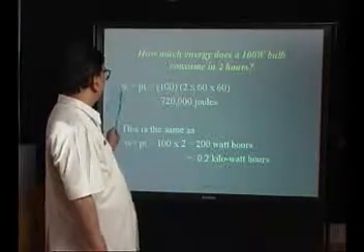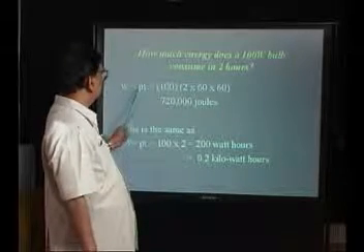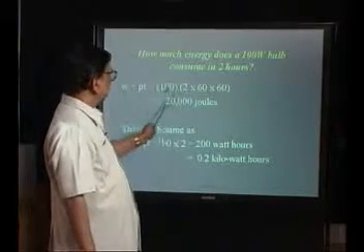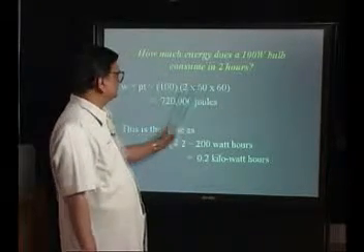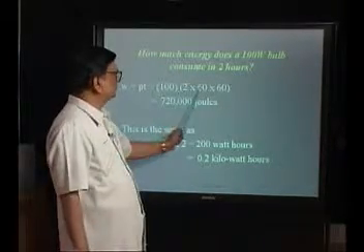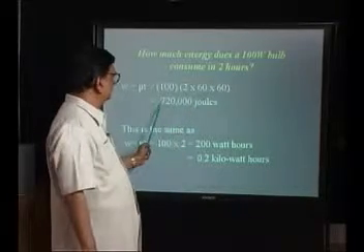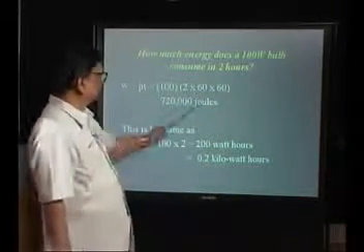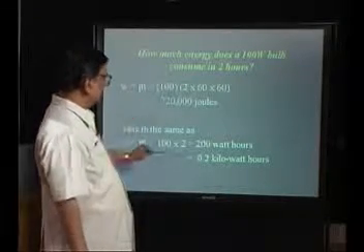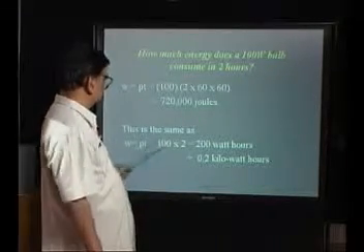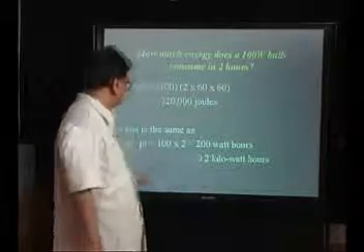So, how to find out the energy? Energy is power into time. So, power is 100 watts and time we have to express in seconds. 2 hours means 2 into 60 into 60, which is equal to 720,000 joules. So, we can express the same thing in terms of kilowatt hours, with which we are very familiar.